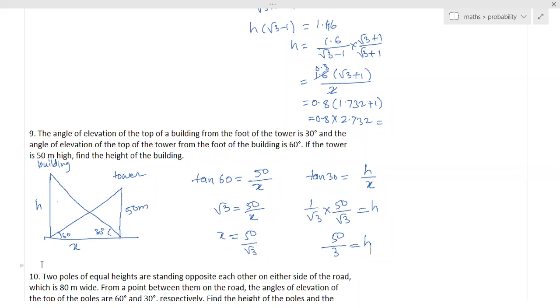Ma'am, I forgot my science book. Can I get it? Okay. So till 25, RD Sharma. And 6 questions of NCERT. Okay, then start with science.